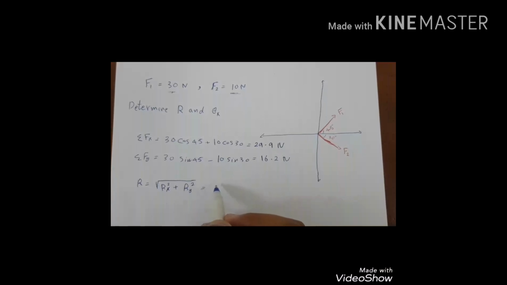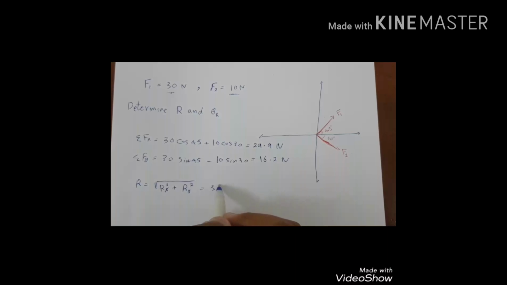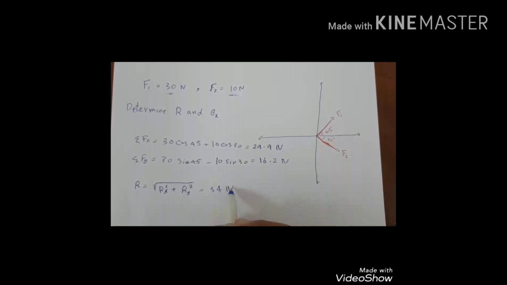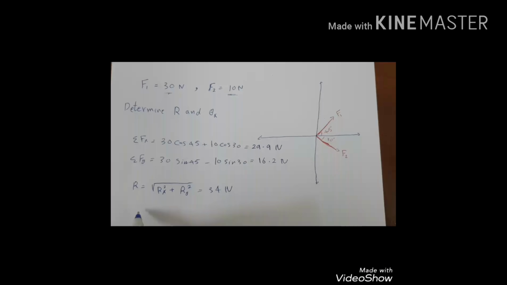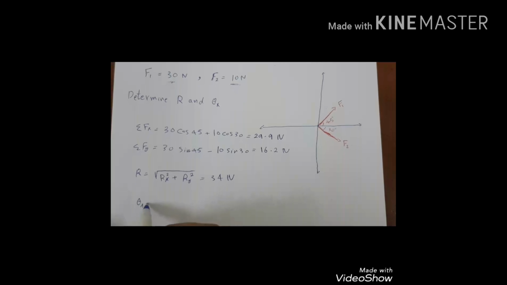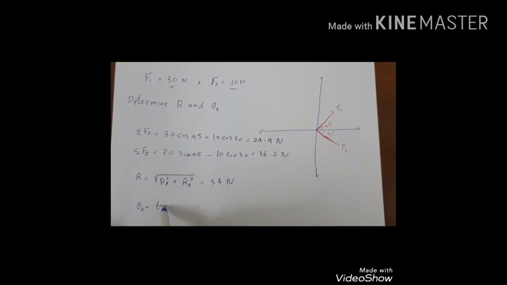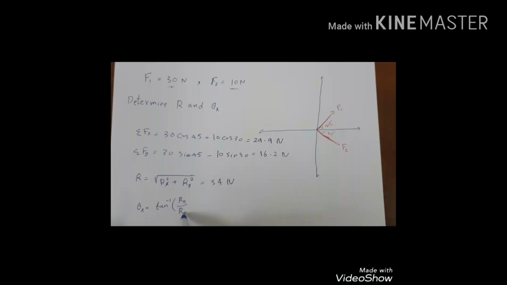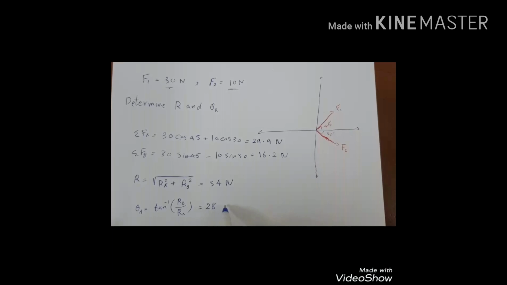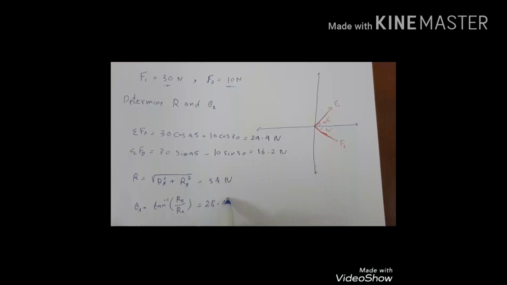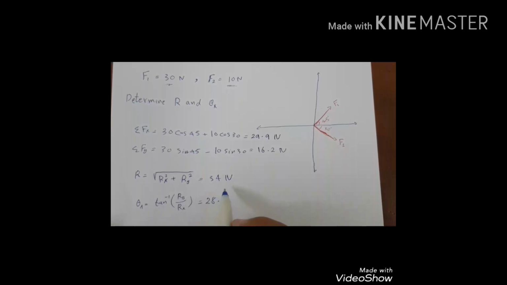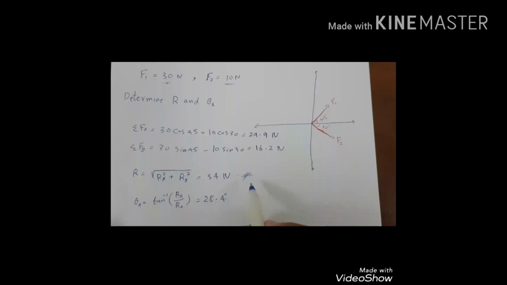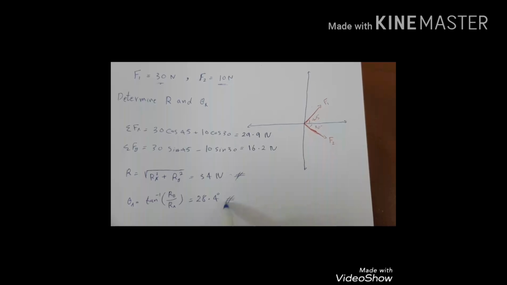This will be equal to 34 Newton, and the angle theta x equals tan inverse of Ry divided by Rx. This will be equal to 28.4, and we have here the resultant and the angle.